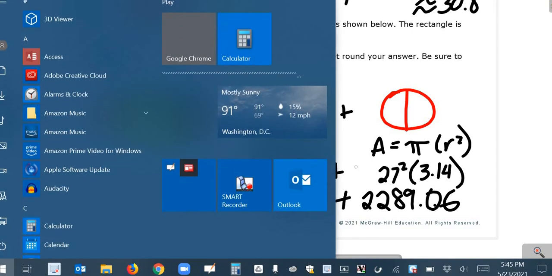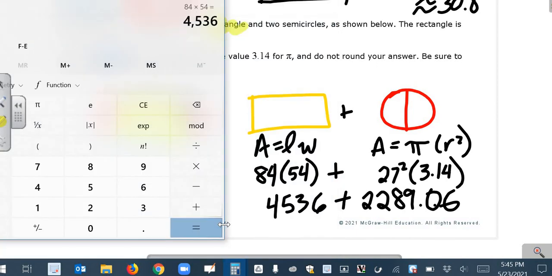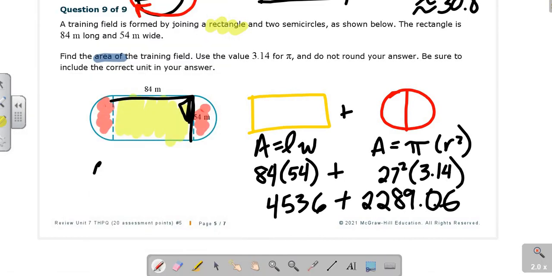Add those two up. 6825.06. And we check meters squared.